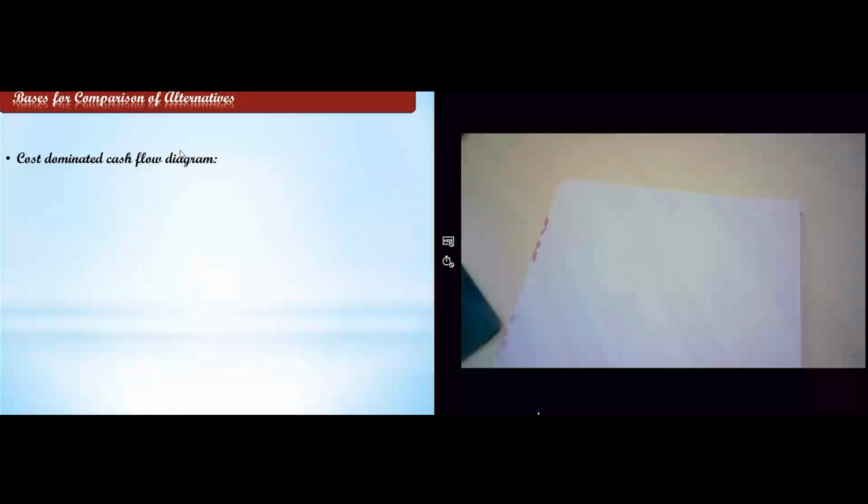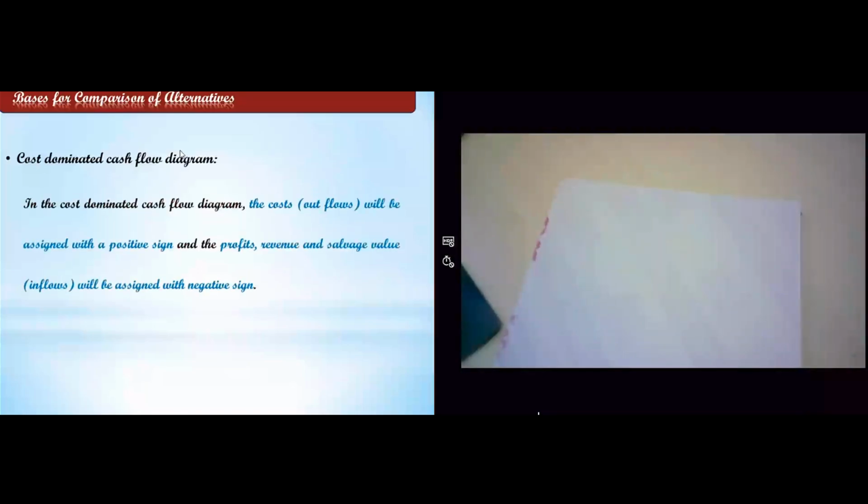Okay, so the cost dominated cash flow approach is one where you have a cash flow with more cost factors. In the cost dominated cash flow diagram, the cost will be assigned the positive sign, and the profit or the salvage value will be assigned the negative sign.